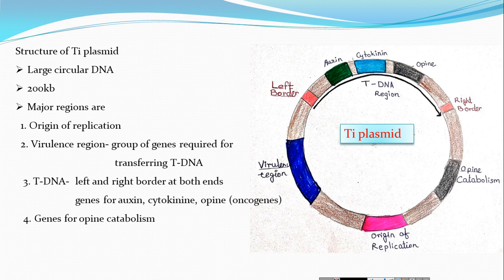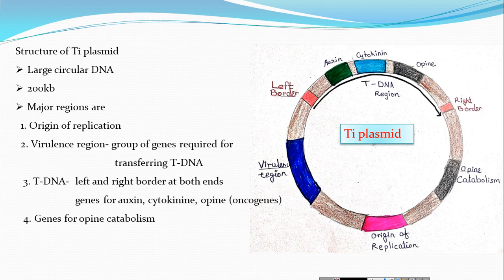These Ti plasmids are mainly derived from plasmids present in the bacterium Agrobacterium tumefaciens. These are the plasmids which have the capacity to carry genes into the plant cell. Ti plasmids have major regions for virulence, origin of replication, conjugation, oncogenicity, and catabolism of opines.